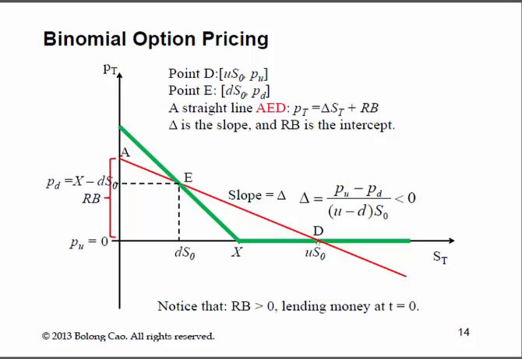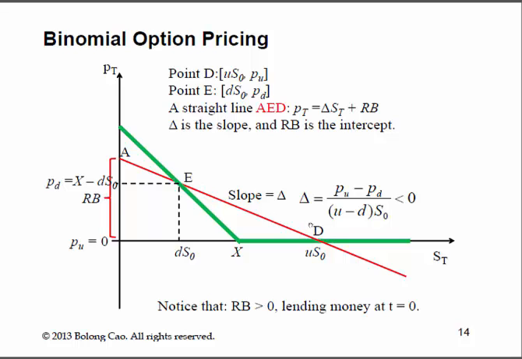So again, we have the 2 points, E and D. And linking them up, we have this replicating portfolio for the put option. And it's actually lending out; this intercept is positive. The RB here is actually positive. What it does is you actually lend out the money. To replicate this put option, you have a negative slope, right?